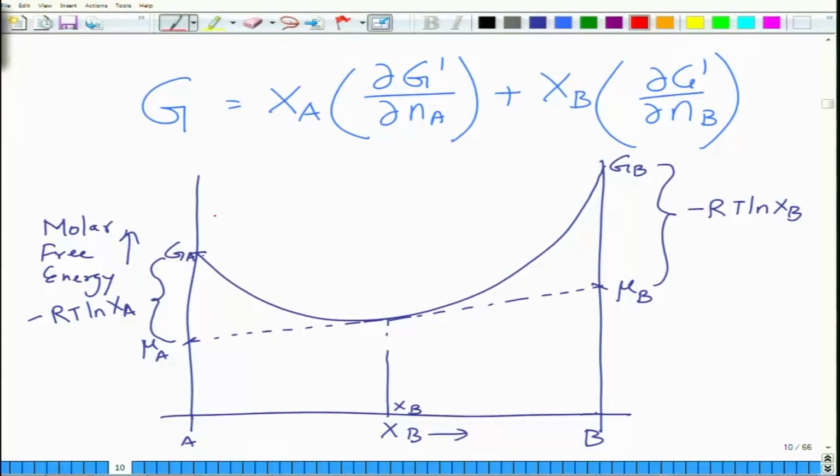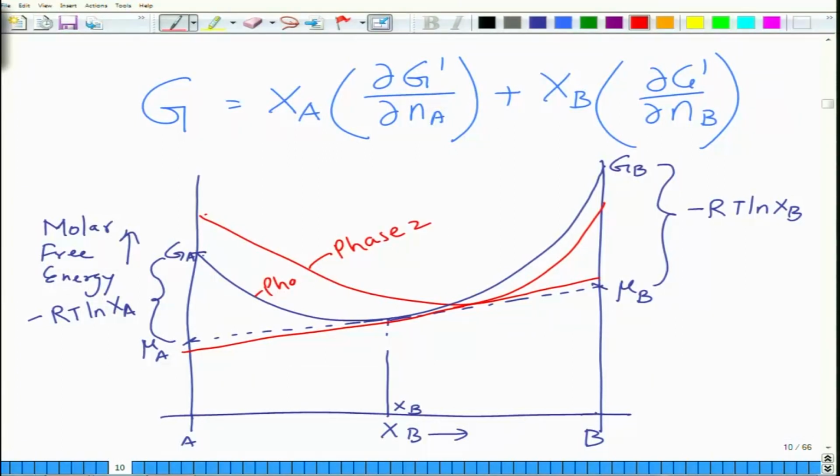So if you have, for example, another phase with a free energy curve something like that, then you will have to draw the tangent for that. So something like that you will have to do. So this is for phase 2, this is for phase 1.